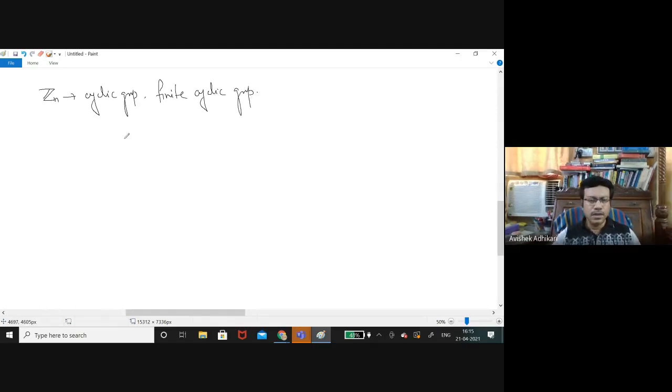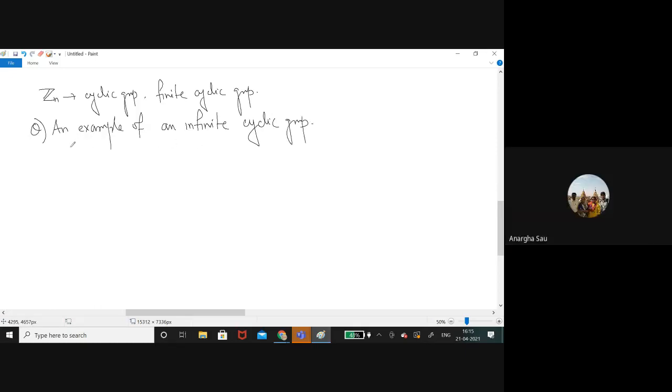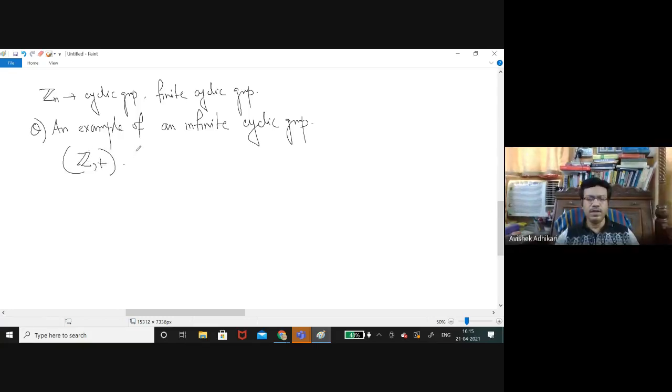Now, can somebody give me an example of an infinite cyclic group? Somebody says Z plus is an infinite cyclic group. Can you tell me who are the generators of Z plus?